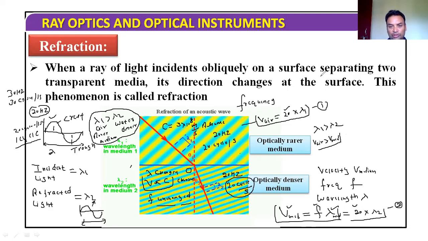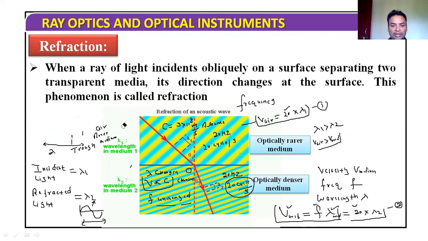So these are the few terms for the light rays when they change the medium, means when the light does refraction. In refraction, the light changes the medium. It can move from the rarer medium to the denser medium or vice versa.